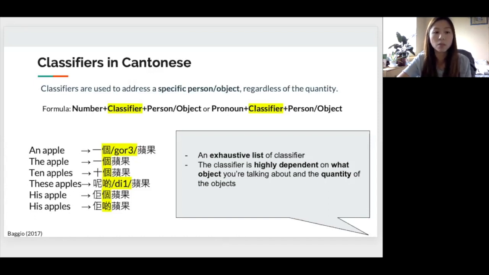In other words, it is expected for Cantonese speakers to omit the plural markers s or ies at the end of the noun, and to omit articles in English. Classifiers are also used in Mandarin, and the rules do apply to Mandarin. However, keep in mind that the semantics or word choices of classifiers will be quite different from Cantonese because of the dialectal differences.